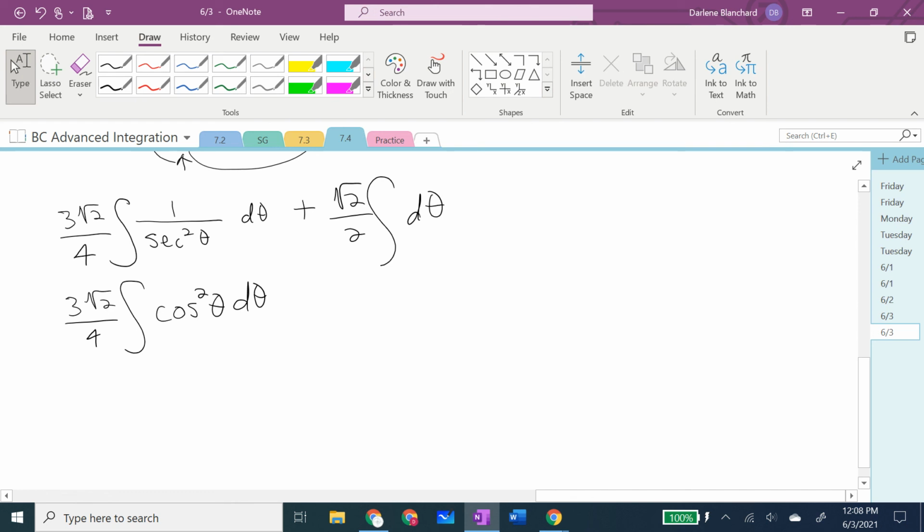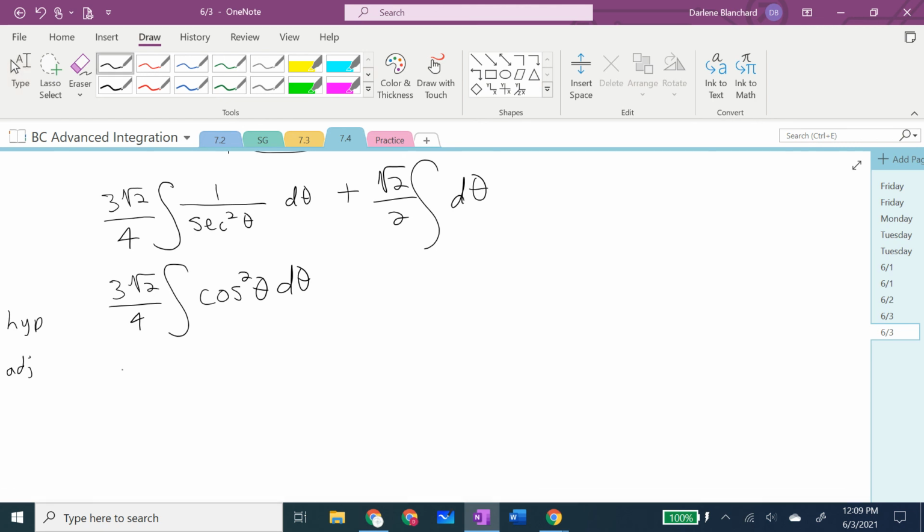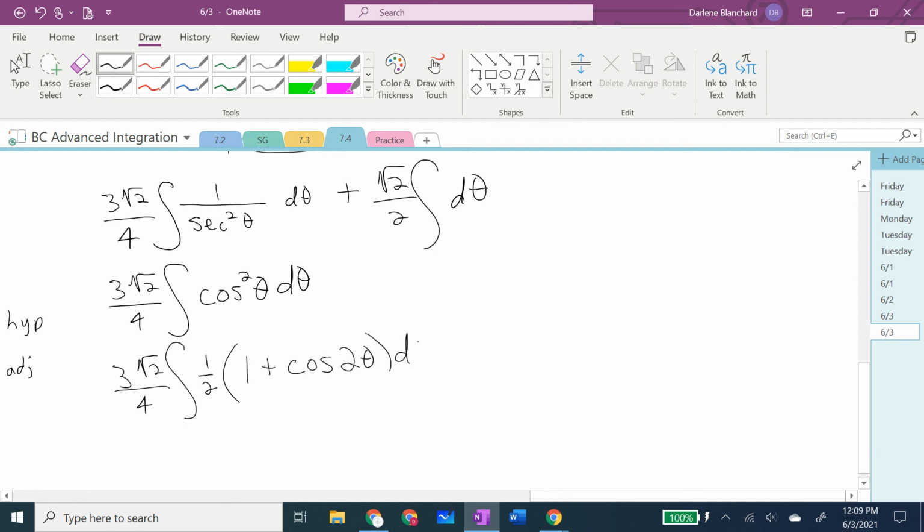Okay, so what do we do if we need to integrate cosine squared? Do you remember? And before I forget that there's an addition over here, I have root 2 over 2 times theta when I integrate.